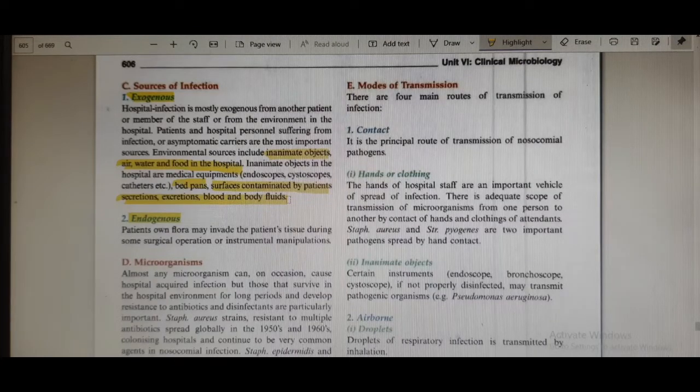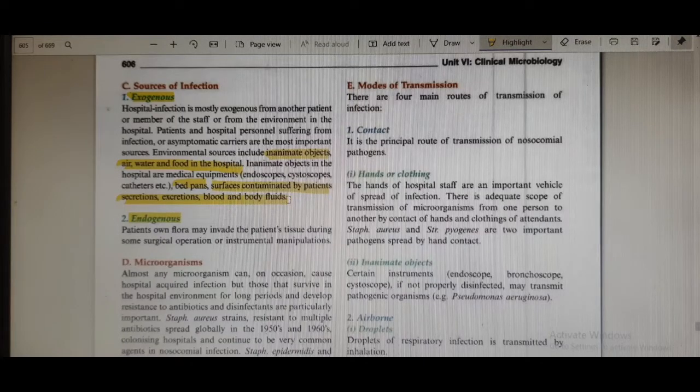Cystoscopes are used to observe inside the urethra or the genital areas, wherein the formation of any tumors, a leak, or any infection can be observed.